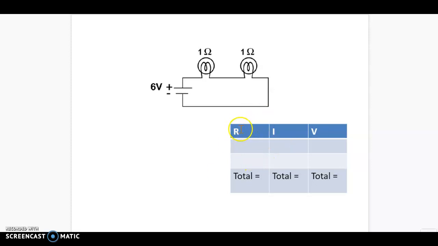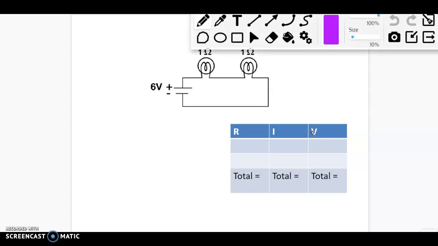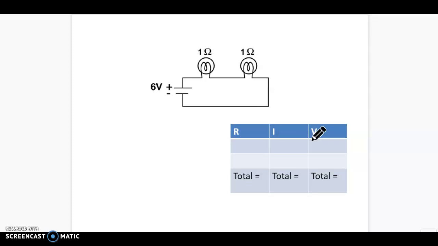So here's the thing. R stands for resistance, I stands for current, and V stands for voltage. But when we fill this out, we're really putting information in here that's about the circuit. And there's some things in here that we can put in, like our resistance. We're going to put each resistor into this table.